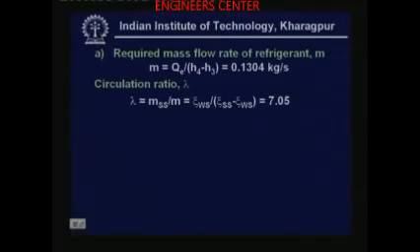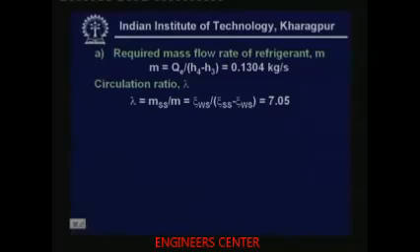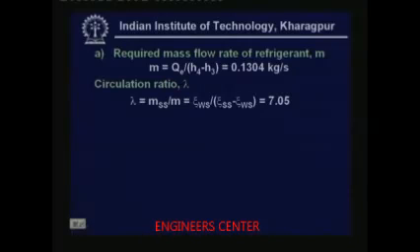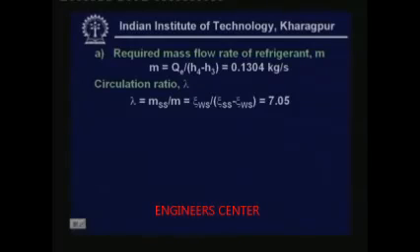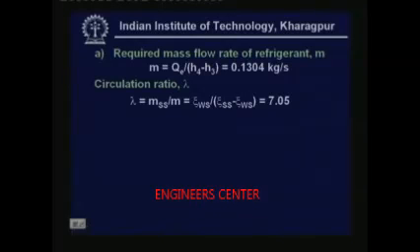And from mass balance across the absorber, we have seen that for water lithium bromide systems the circulation ratio is equal to the concentration of the weak solution divided by the difference between the strong and weak solution concentrations, that is zeta Ws divided by zeta Ss minus zeta Ws. Zeta Ws from the input data is equal to 0.578 and zeta Ss is 0.66. Substituting these values, you find that the circulation ratio is 7.05.